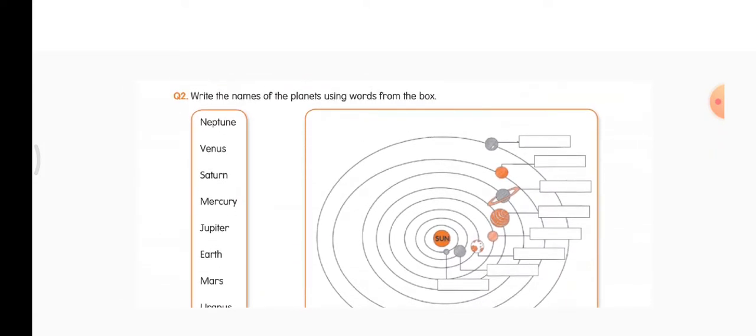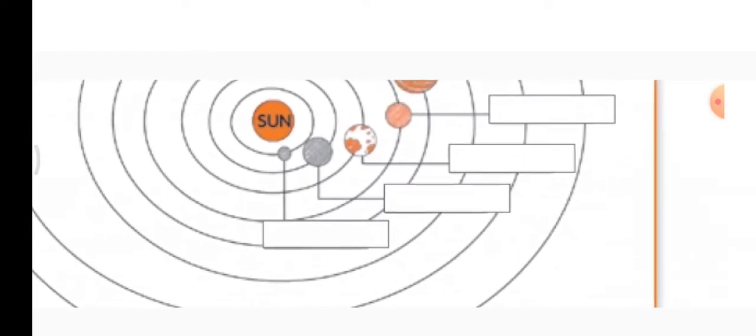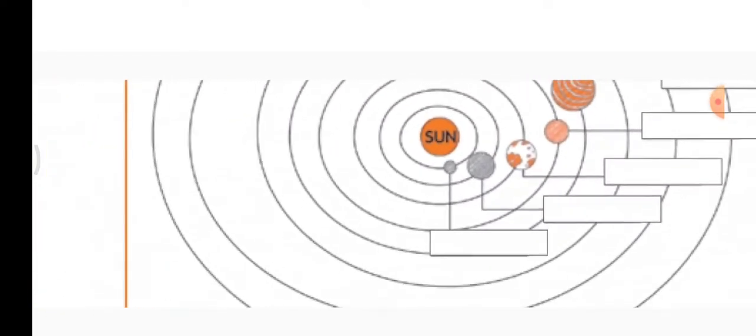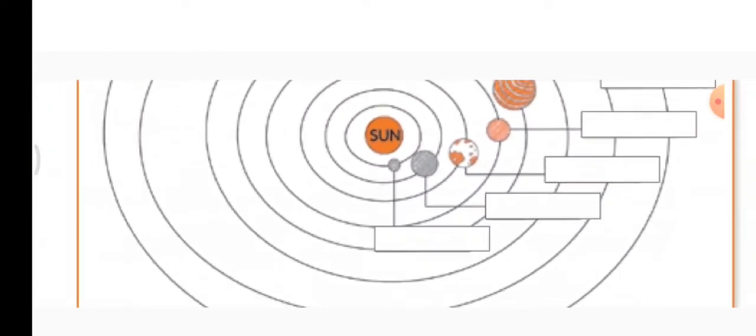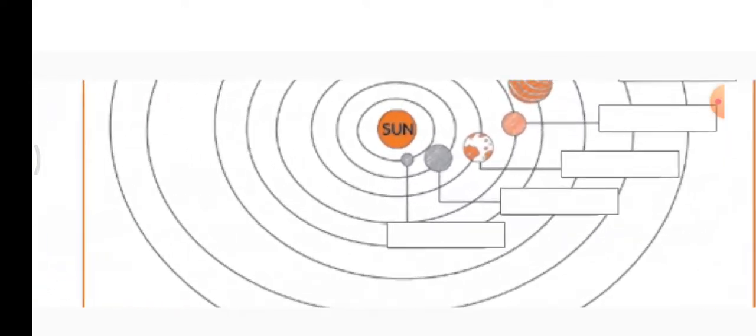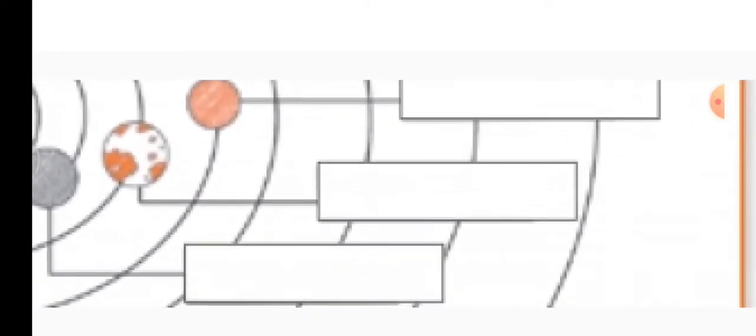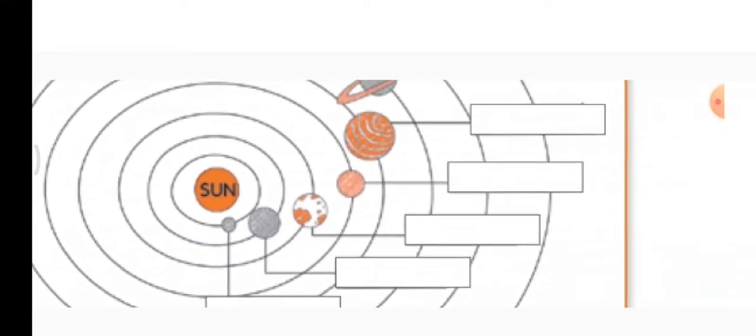So first, which is closest to the sun, starting from the bottom, is Mercury because it is smallest here. Mercury is first, second is Venus, third is Earth.